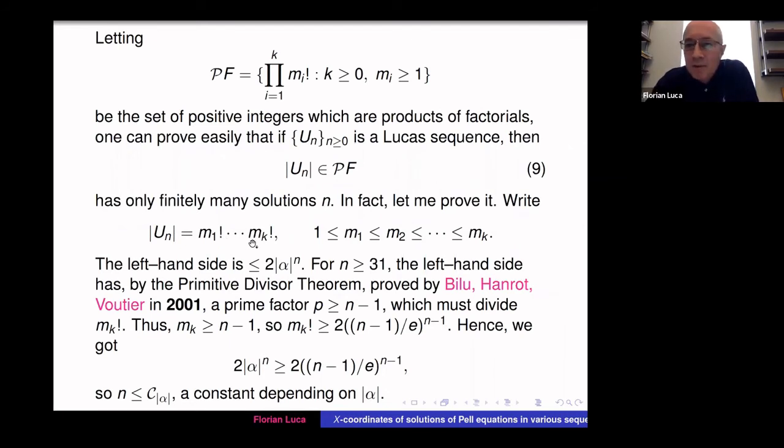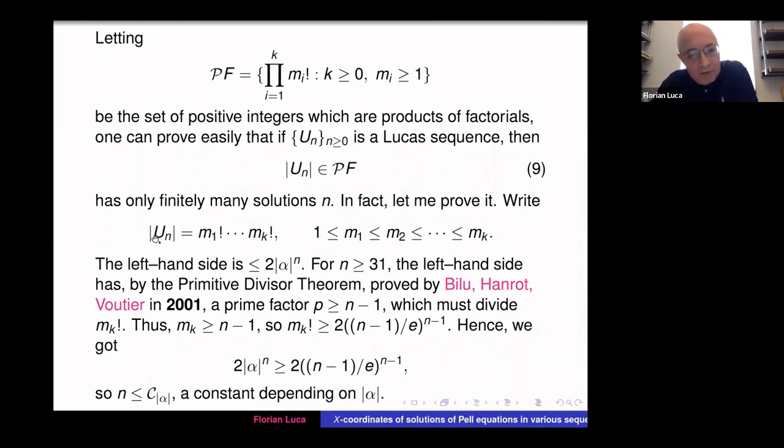There is a well-known theorem by Bilu, Hanrot, and Voutier, which says that if you have a member of this Lucas sequence, like the Fibonacci numbers, if n is bigger than 30, then the nth member of that sequence has a prime factor which is congruent to plus or minus 1 mod n. In particular, it's at least as large as n minus 1. This is also true for the Fibonacci numbers in particular. The nth Fibonacci number is divisible by a prime factor that's at least n minus 1. That's true for all n greater or equal to 13 for the Fibonacci case.